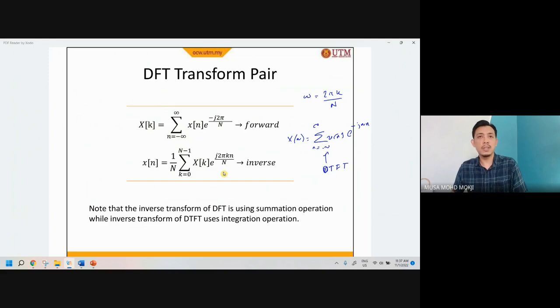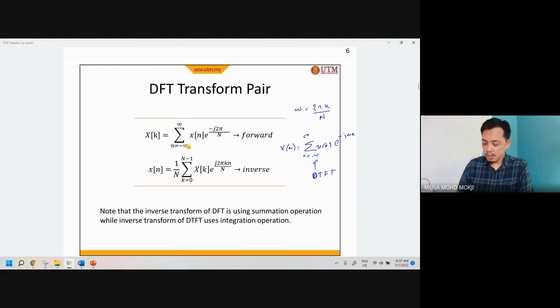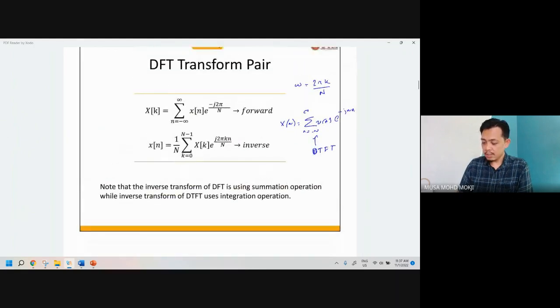You don't do integration in a discrete system; we do summation. Integration is just a theoretical and conceptual calculation. You can do it by hand, but not on a computer. So we convert that into summation because everything is now discrete, and we can do the forward and inverse transforms using summation. All right, so those are the things.